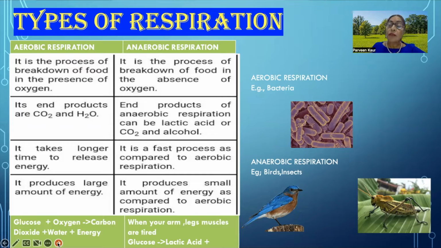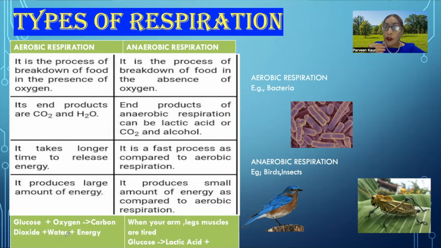Aerobic respiration provides a large amount of energy, and it takes longer to release energy. But anaerobic respiration is a faster process but provides less energy. In aerobic respiration, glucose combined with oxygen gives out carbon dioxide, water, and a large amount of energy.